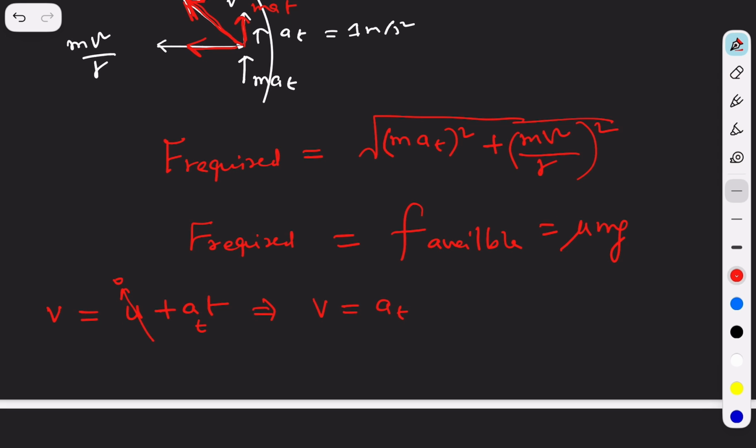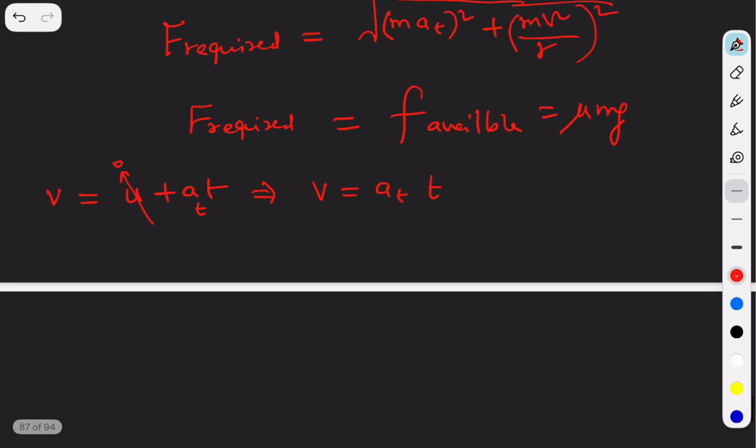So guys, if I put these values here, what I'll get: mu m g is equal to under root of m square a t square plus m square, v is equal to a t into t, whole square, so (a t into t) power 4 divided by r square.